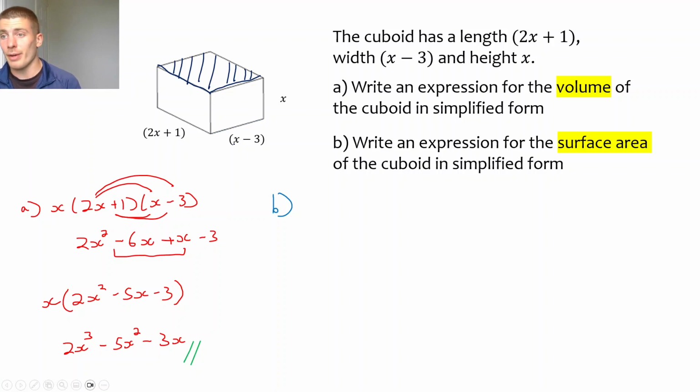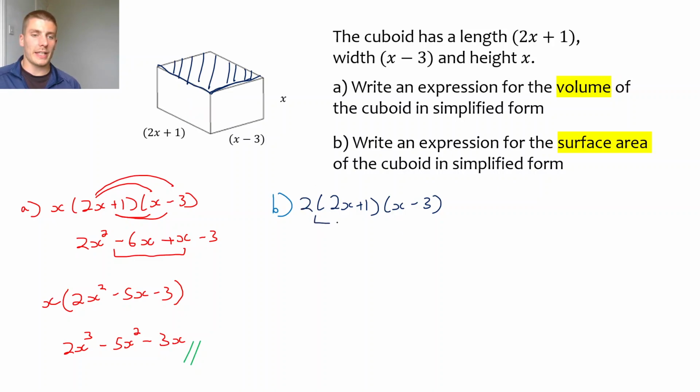So to find the area of that rectangle, we do this length, 2x plus 1, and multiply it by x minus 3. And there are two of these faces, on the top and on the bottom, so we've got to times this by 2.